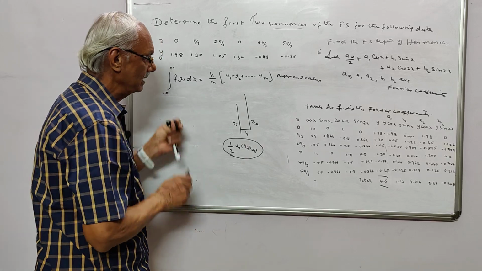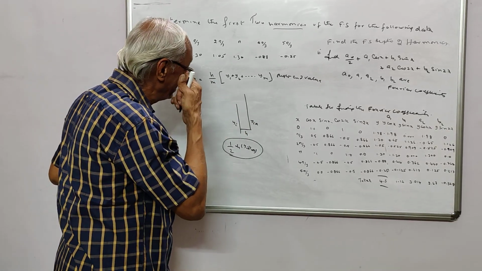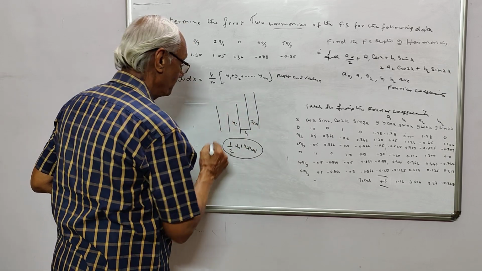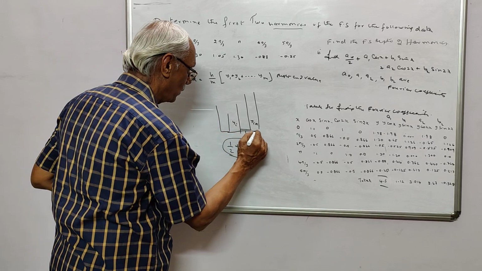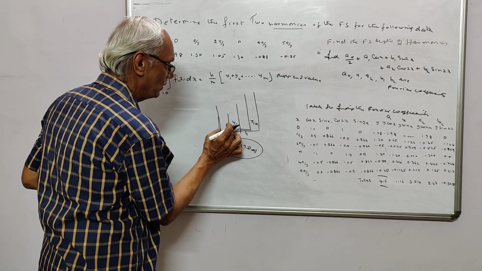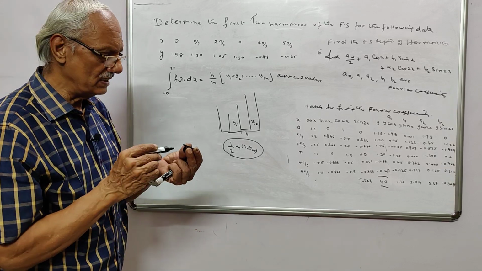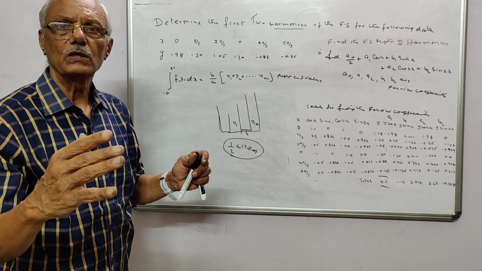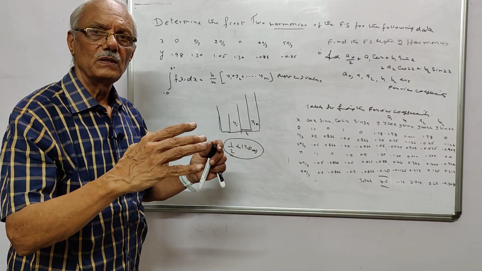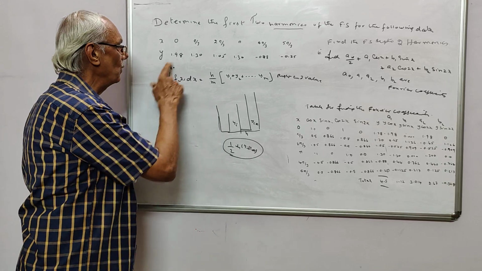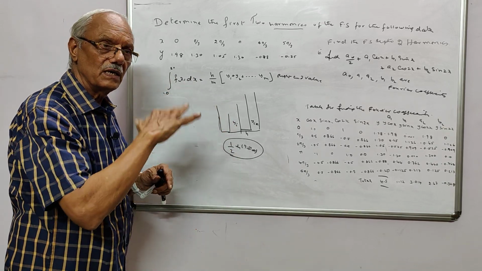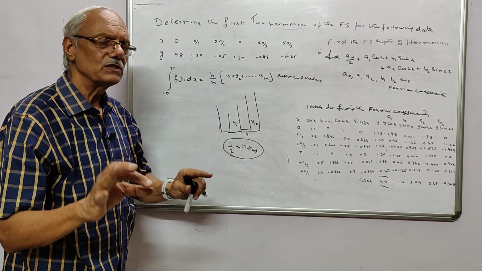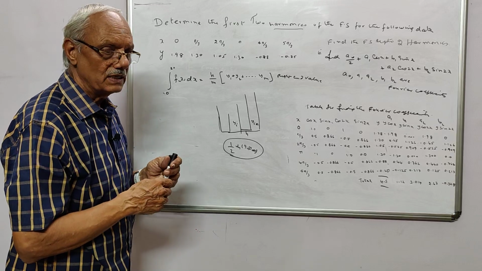Here h is a constant, and you have ordinates, and you find the area of each trapezoid and sum them up. You get the area between the f of x curve and the x-axis, between 0 to 2 pi. This is the simplest idea here.